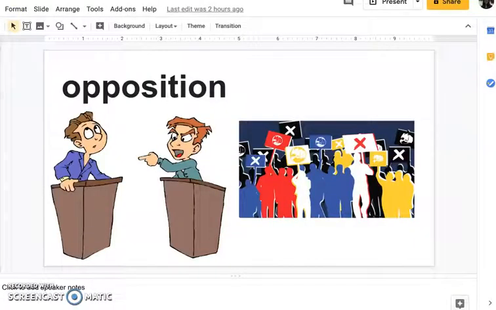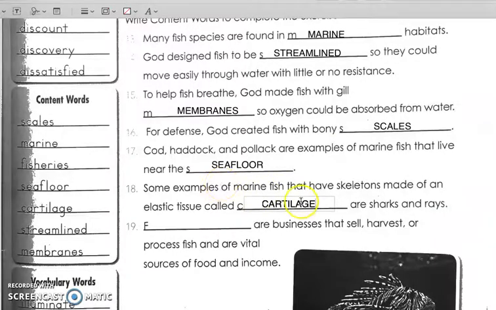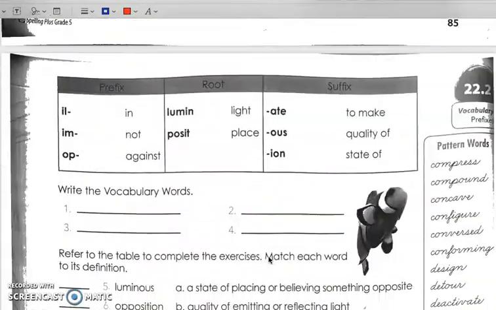Let me show you. And in between our knee, the joints in our knees, it's like the soft part to protect ourselves. So the types of fish that have skeletons made of cartilage are sharks and rays. 19. Fisheries are businesses that sell, harvest, or process fish and are vital sources of food and income.